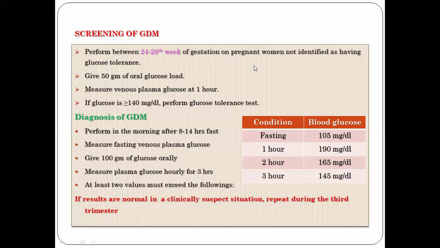If glucose is equal to or more than 140 mg per deciliter, just see here, if you are getting results like that, then perform the glucose tolerance test, GTT.